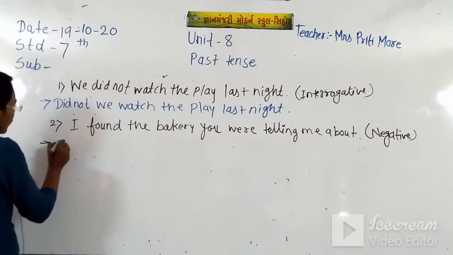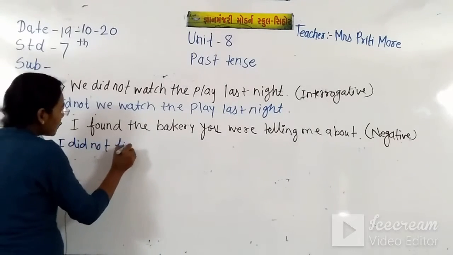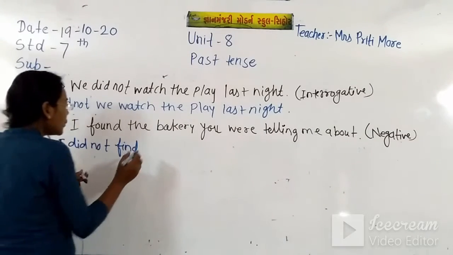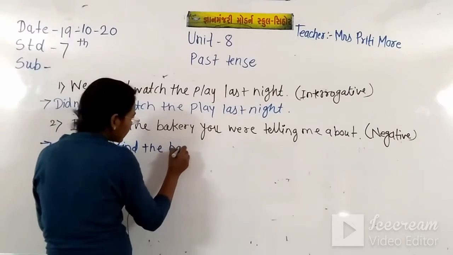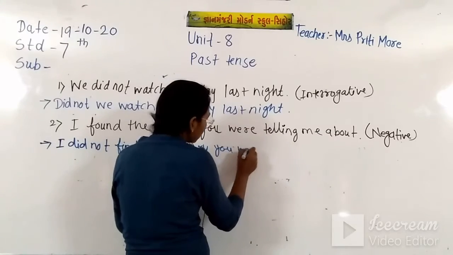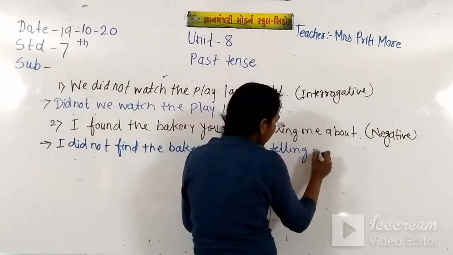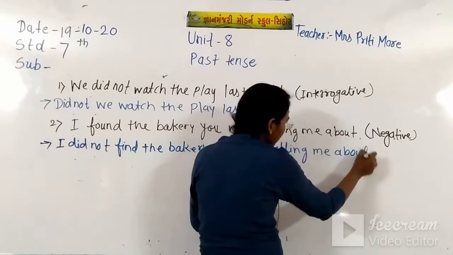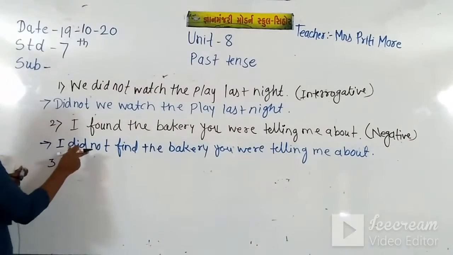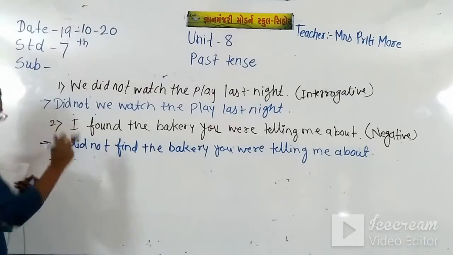So, I did not find, found becomes find because did not is used here. I did not find the bakery you were telling me about. For making negative we use did not, and for making the question interrogative we take did not first.